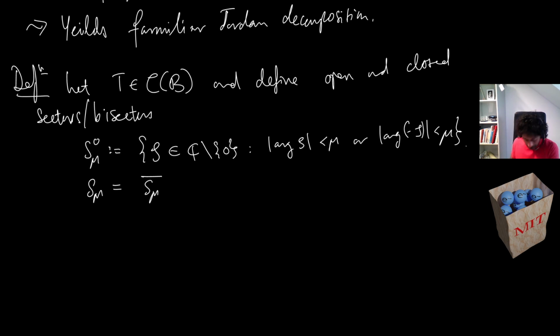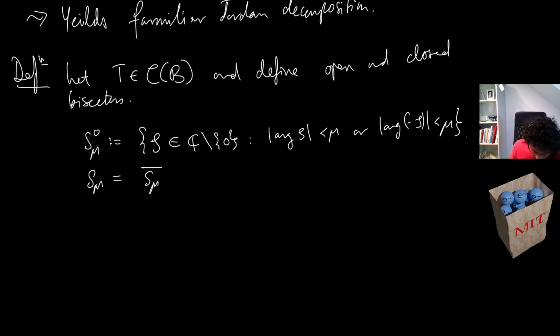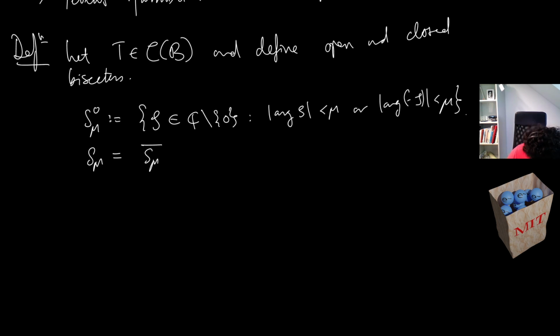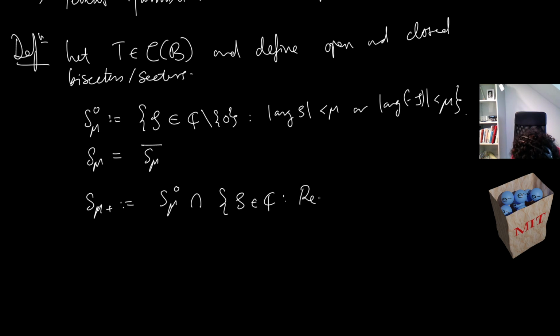Maybe I'll just write bisectors, not sectors. Well, maybe I should also say something about sectors. The sector S mu plus is equal to S mu naught intersect the zeta in C such that the real part of zeta is positive.